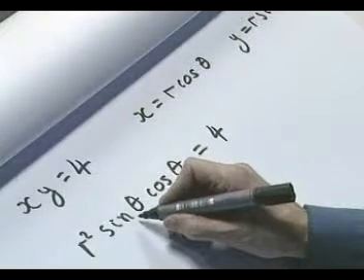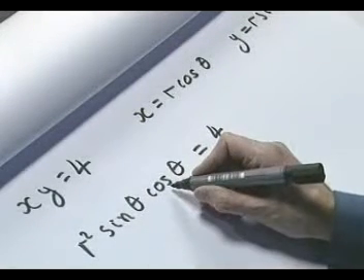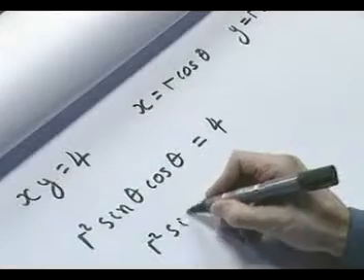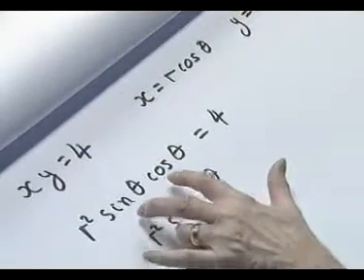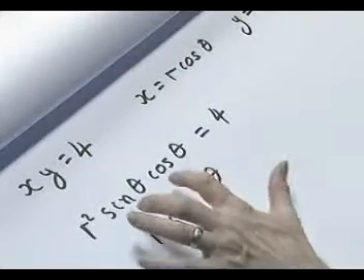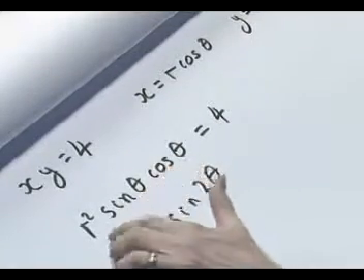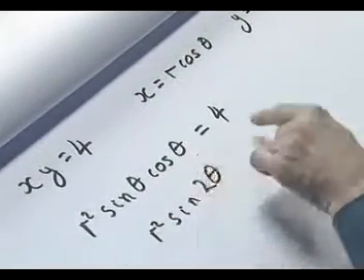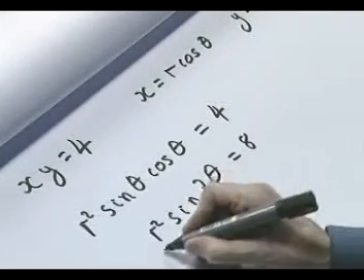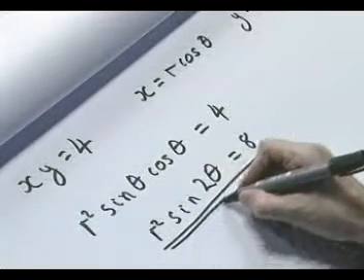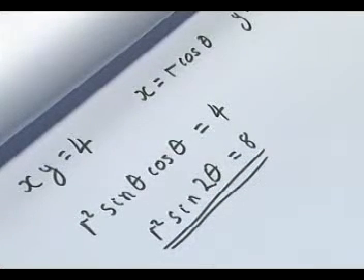Now, sine theta cos theta, well, twice sine theta cos theta would be sine 2 theta. But I've taken 2 lots there, so it's the equivalent of multiplying that side by 2, so I've got to multiply that side by 2. So I end up with that for my equation.